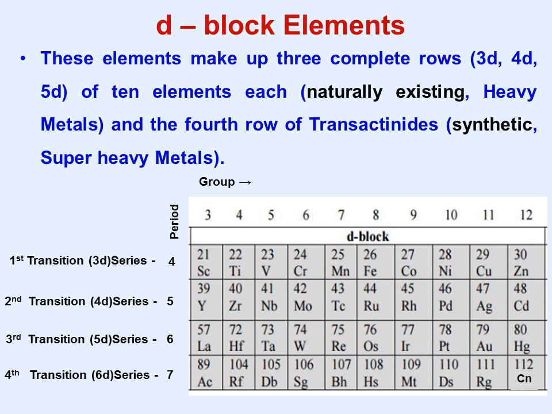So the overall condition is that the d block elements or transition elements are placed from group 3 to 12 and in the respective 4th period, 5th period, 6th period and 7th period in the periodic table.